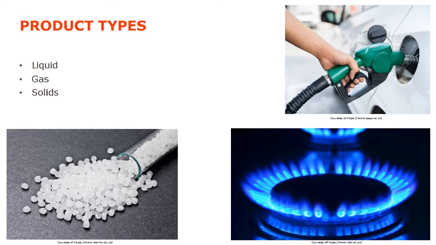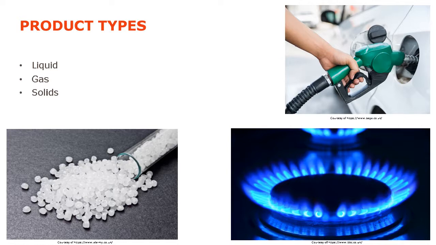It could be gas, which could be the gas to our homes, or a gas that feeds chemical plants, or hydrogen, which is a gas. But they also come in the shape of solids, mainly chemicals, in particular polymers, although some of the chemicals are in the shape of gas or liquid as well.